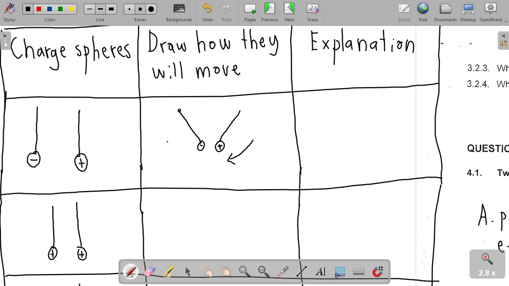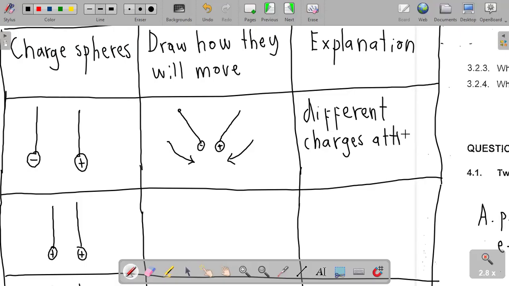The positive will move to the left and the negative will move to the right. The explanation is: different charges attract each other.